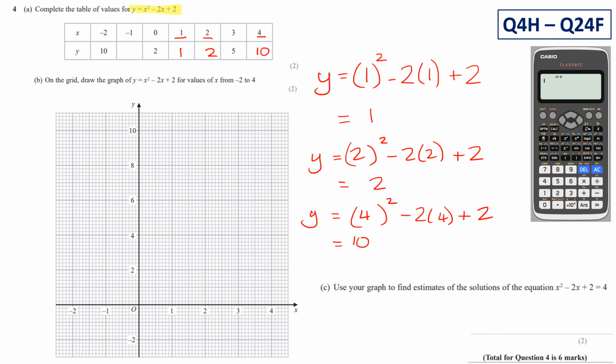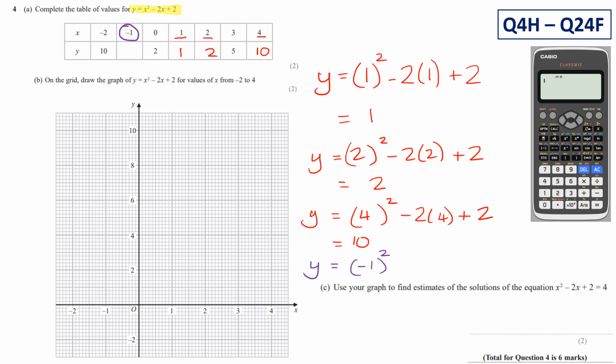So the first major problem with regards to using the table of values is going to come with this last value of when x is negative. If you don't tell the calculator to square the negative, then it'll get it wrong. So I need to make sure that I'm substituting into the brackets all -1.